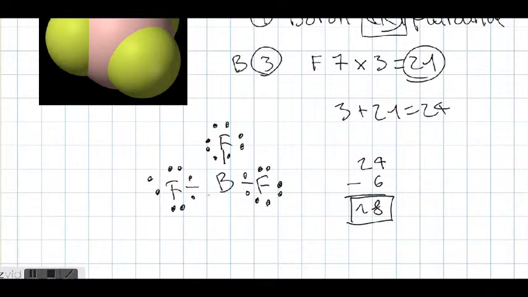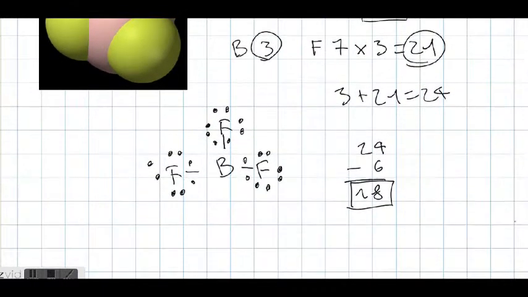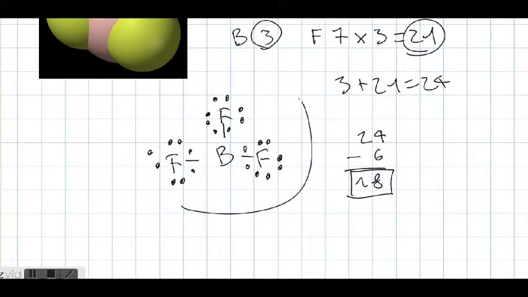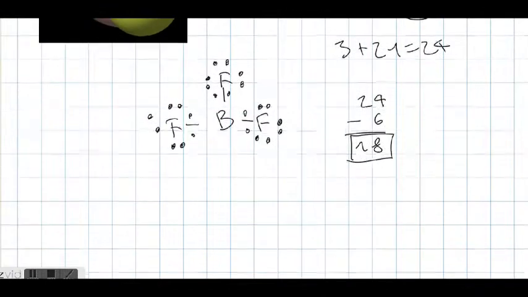Now we've completed the Lewis dot structure. All of the atoms are happy. All of their outer shells are full. So this is the completed Lewis dot structure diagram for boron trifluoride.